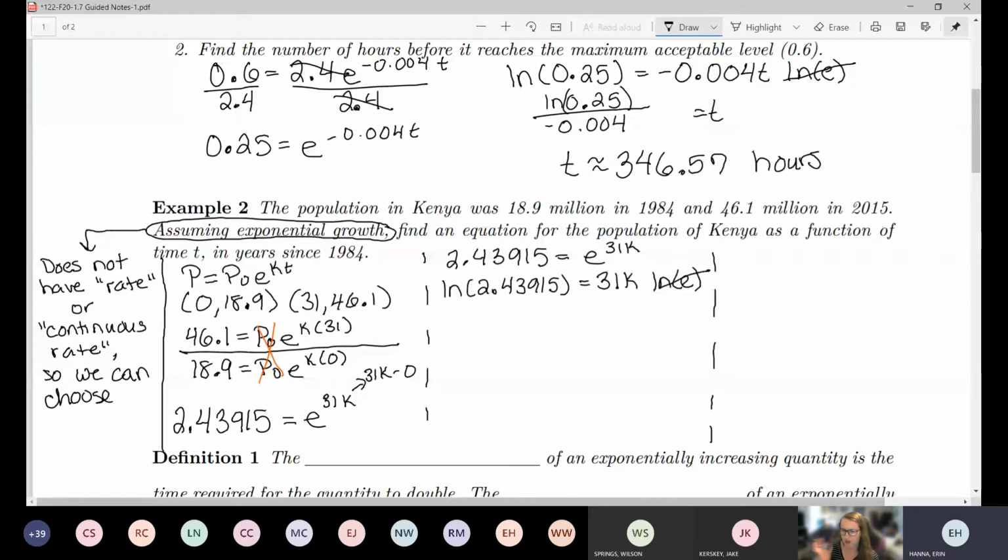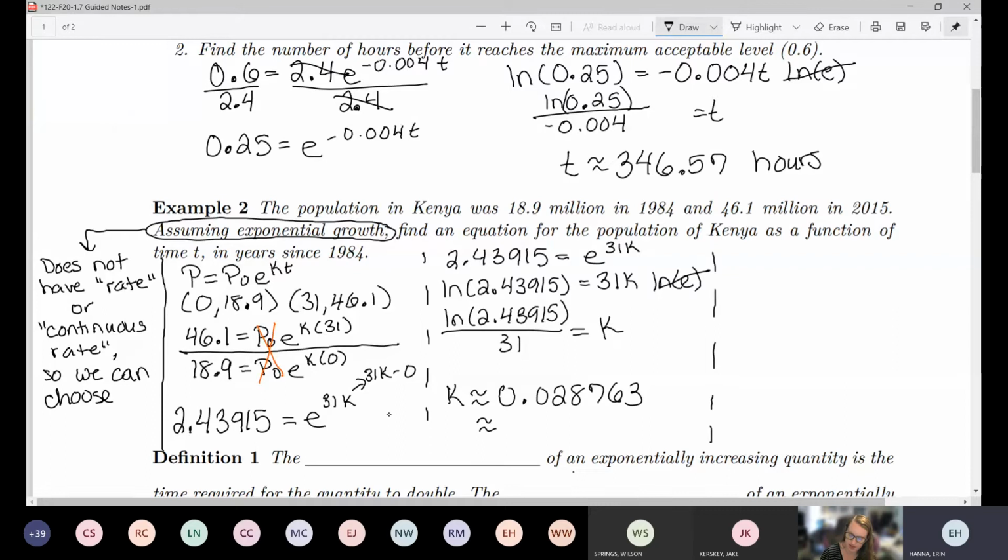You can always still divide by the natural log of e if it makes you happier. You'll still get the right answer, but it's technically unnecessary because it's equal to 1. But so our k value is going to come from this gross division, which will let you know that your k value is approximately 0.028763.